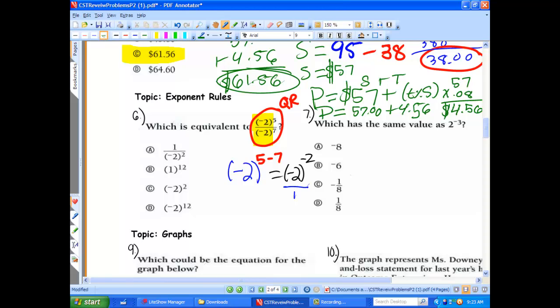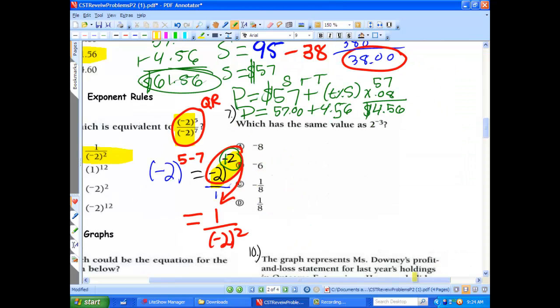Then we take the exponent, turn it positive, and take the whole thing and send it to the other side of the ratio. That would make it 1 over negative 2 to the positive 2. And our answer choice for that would be A.